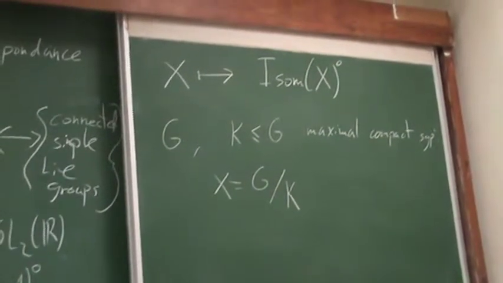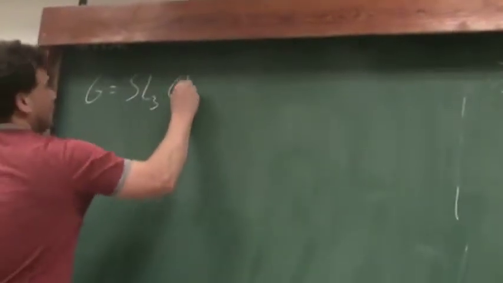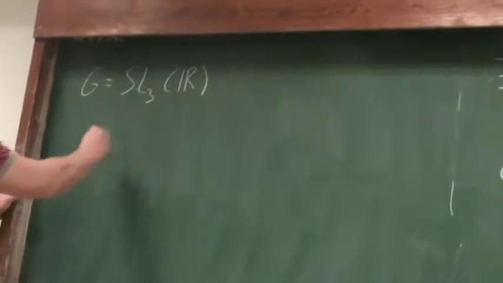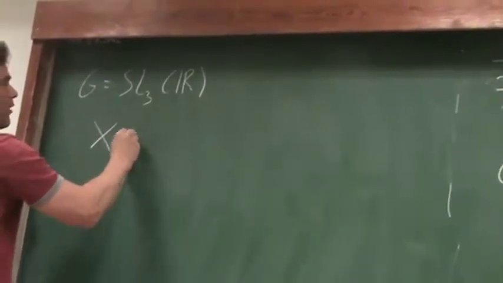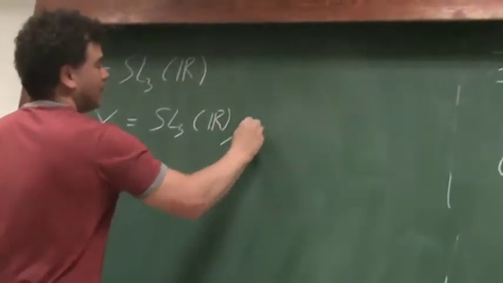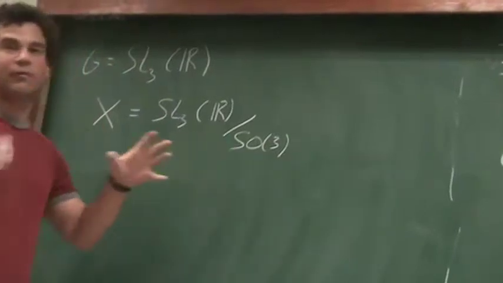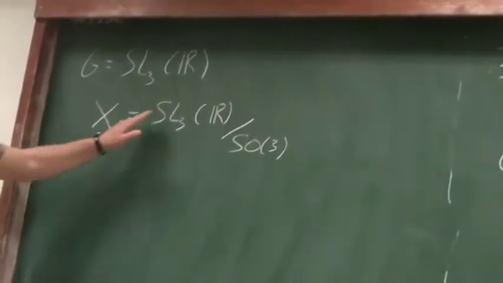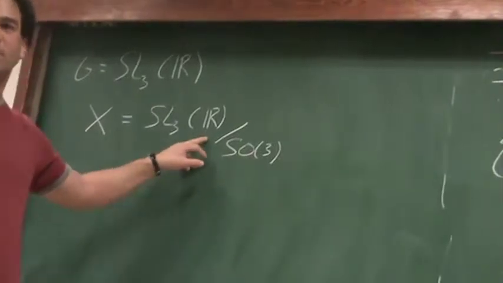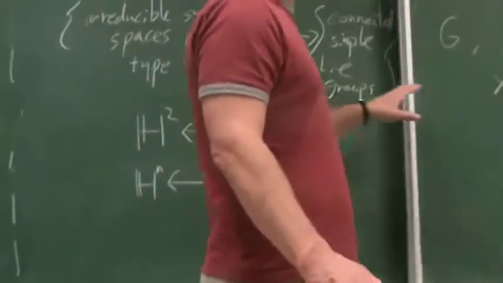Another example, if you take G to be SL3R, or SLNR, then the symmetric space X will be, as a set, identified with SL3R modulo SO3. The maximal compact is the orthogonal transformations, and this is a 5-dimensional symmetric space, and it's different in nature from hyperbolic space.